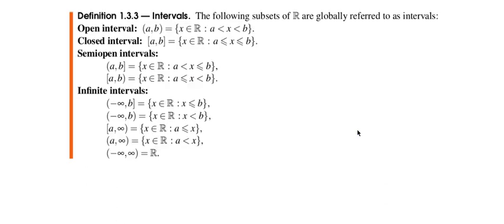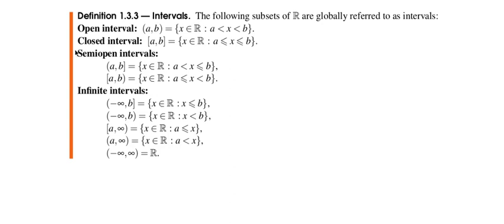So yeah, and then finally in this lecture, intervals. Okay, so the following subsets of R are globally referred to as intervals, and you have seen this before, so I hope this is not a surprise. An open interval, and we write it with open brackets a, b, is the set of all real numbers x belonging to R such that the numbers that belong to this interval are between a and b, but a and b are not included.